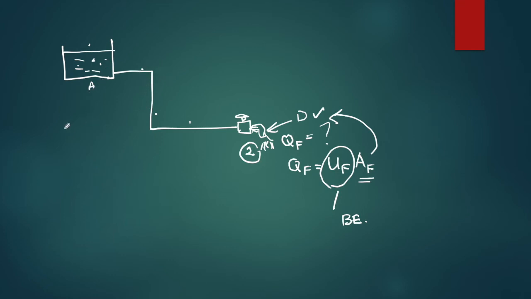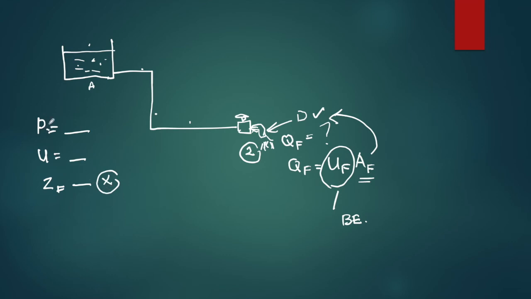But you must remember, you have to select based on these values: pressure, velocity, and Z. Normally Z will not have any problems because it will be given in the question.